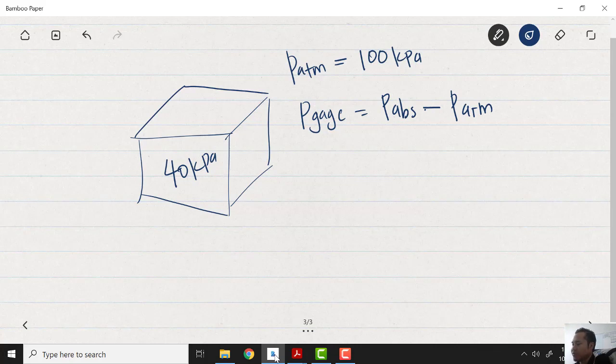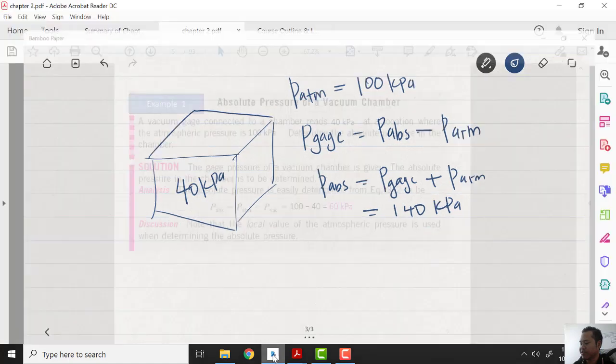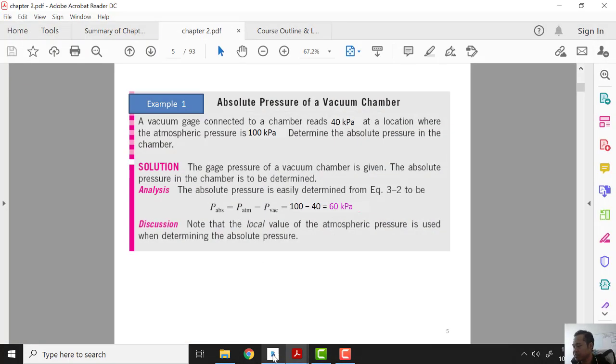They want you to find the PABS, so the PABS is equal to P gauge plus PATM. So in this case, the PABS will be 140 kilopascal. That's the first example.